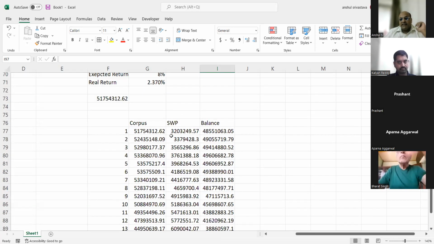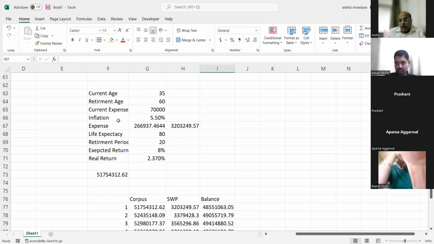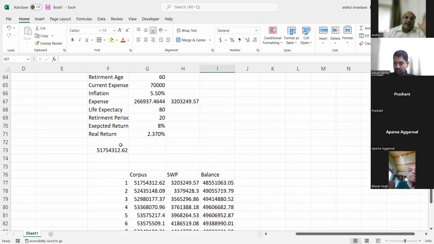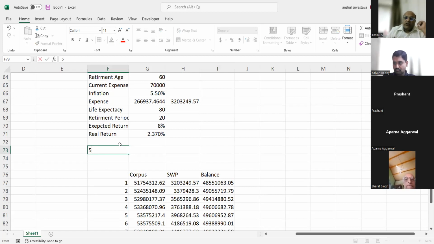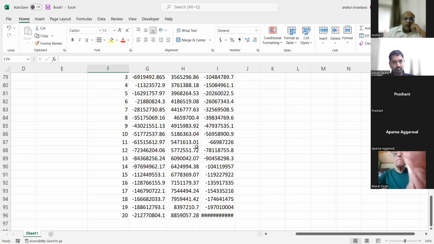Now the question is the complication in this, because it had to come 0 because we have calculated it in such a way that finally it will be 0. But if you are not calculating in this way, like Prashant asked earlier, that if I have 1 crore rupees or if I have 7 crore rupees. So if 5 crore rupees, if I don't have this much money, and so my amount will be finished, no?